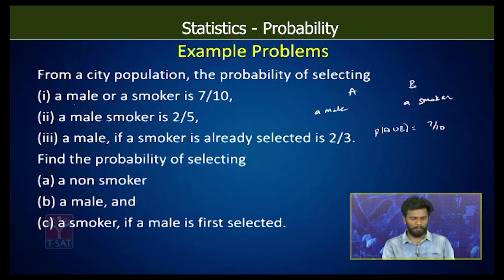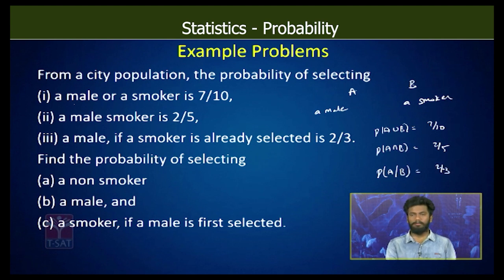A male smoker, that is probability of A intersection B, male and a smoker, is 2/5. And the third statement is a male if a smoker is already selected, that is, the probability of selecting a male given that he is a smoker is given by 2/3. Probability of A given B is 2/3.